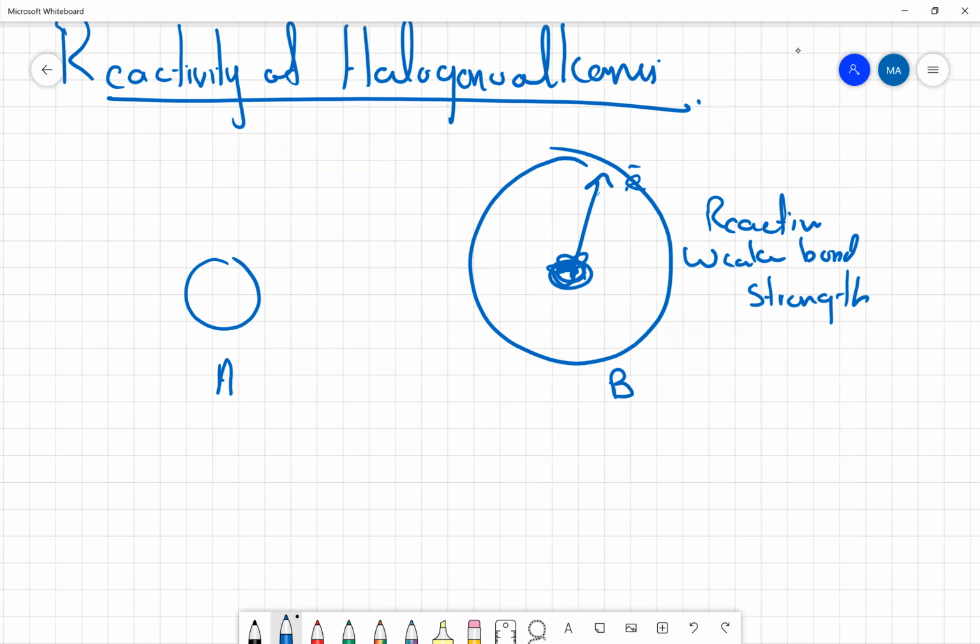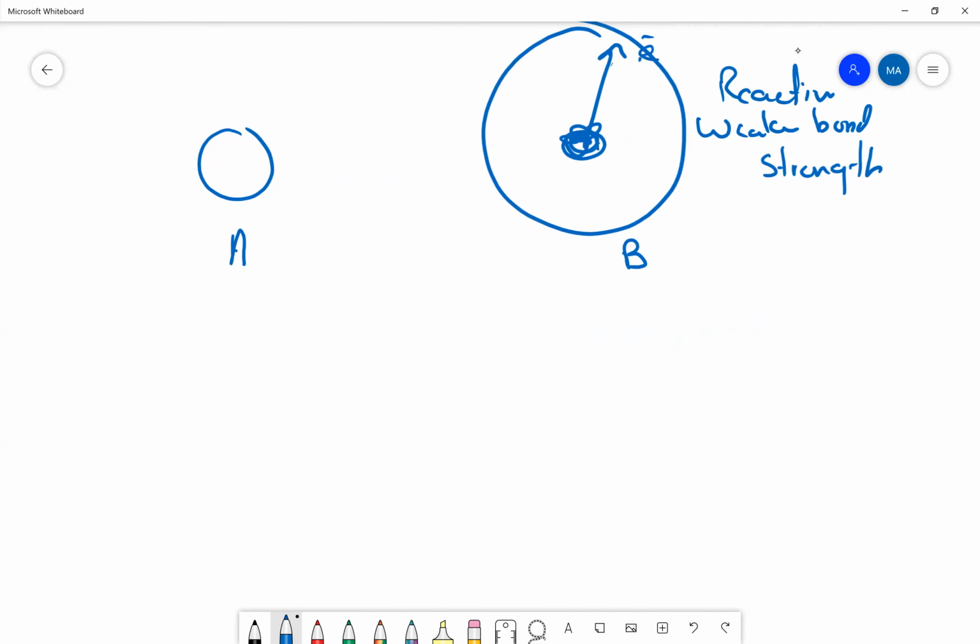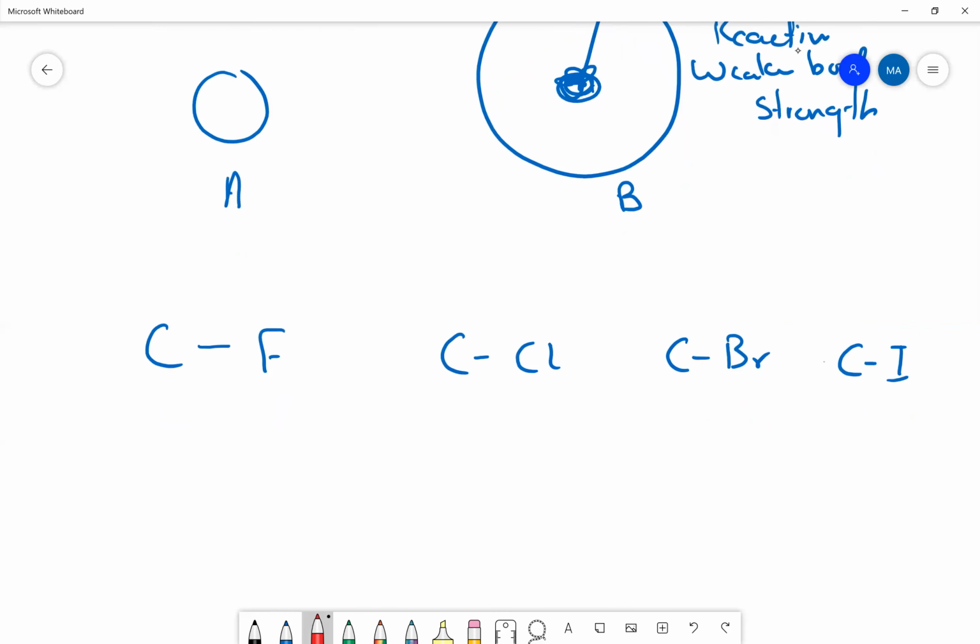If you look at the halogens, the group 7 elements, let's say the carbon is bonded to a fluorine or a chlorine or a bromine or an iodine, the bond strengths for all of these bonds will be different. A carbon with fluorine will have the strongest bond. Why?